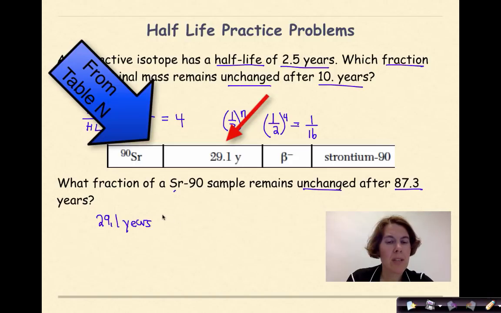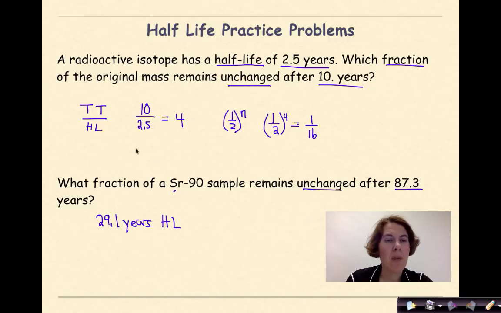And just like above, we're going to take the total time and divide it by the half-life. So the total time here is 87.3 years, and we're going to divide that by 29.1 years, which is the half-life, and we're going to find that that is 3 half-lives.